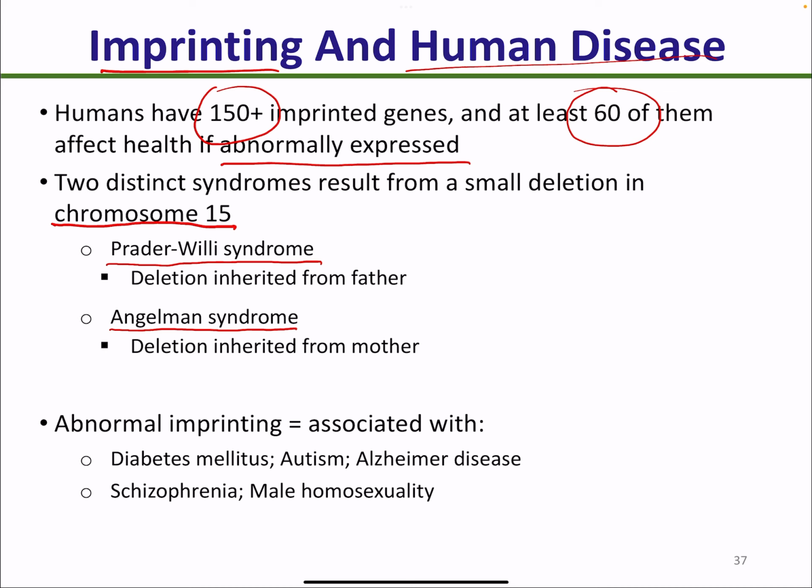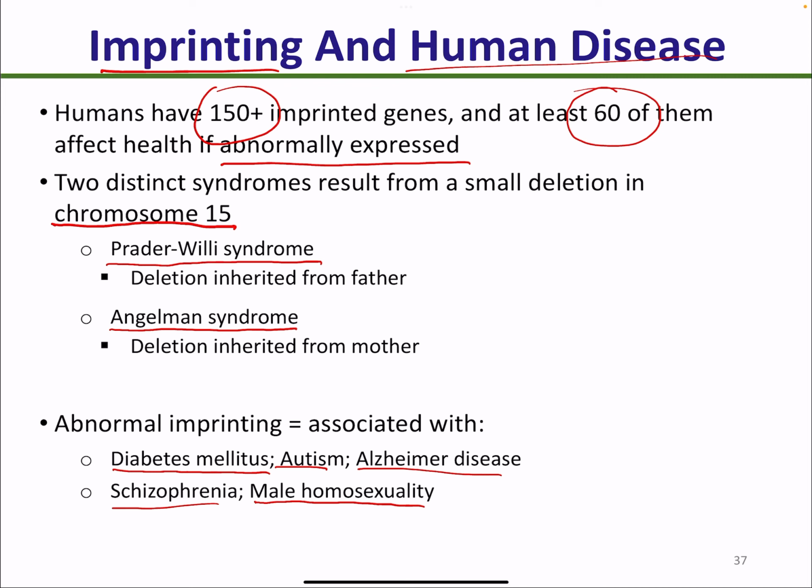And then the abnormal imprinting can be associated with a number of health conditions, including diabetes mellitus, autism, Alzheimer's disease, schizophrenia, and it was shown recently that there is a possibility that this can be associated with male homosexuality.